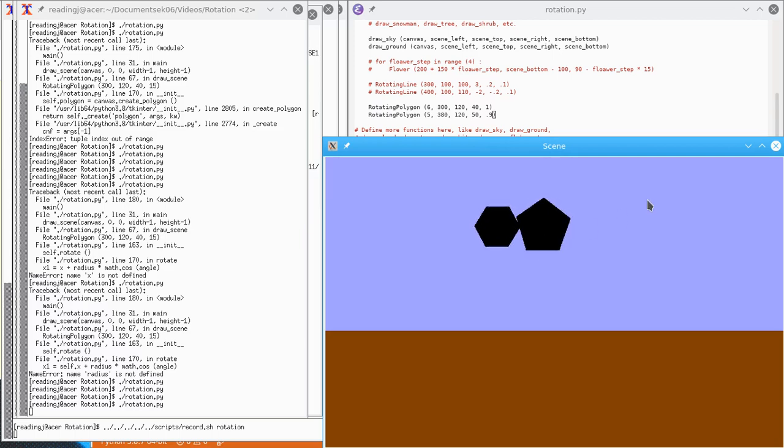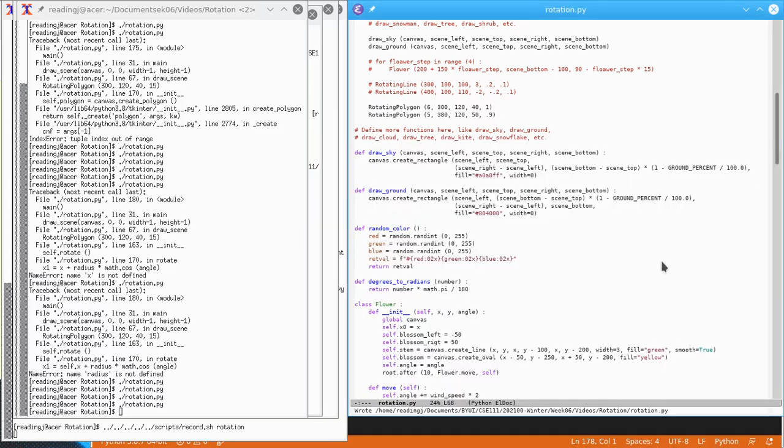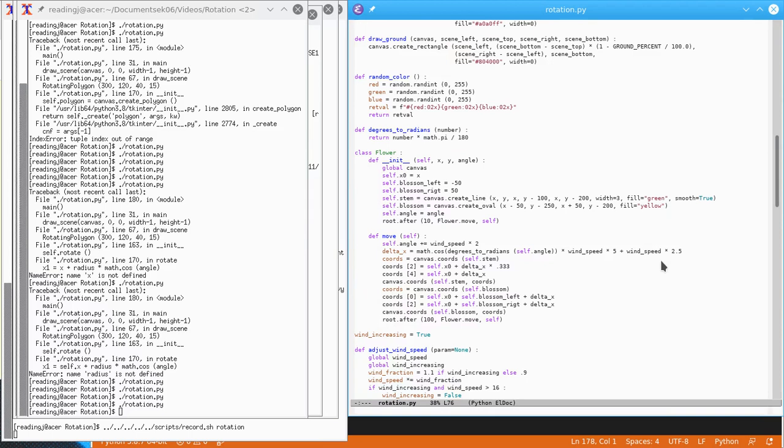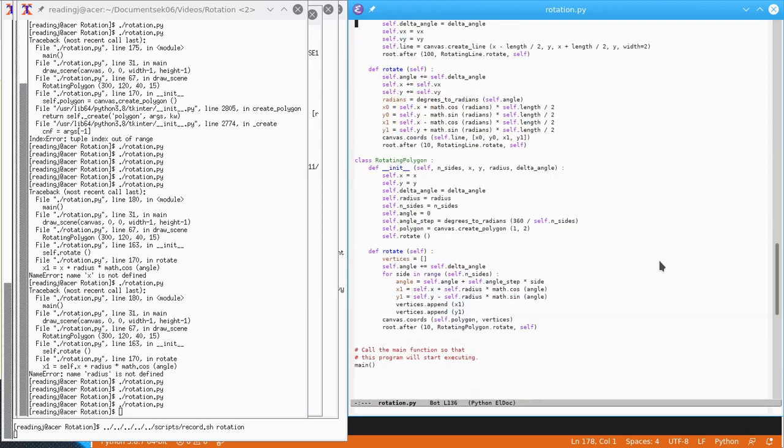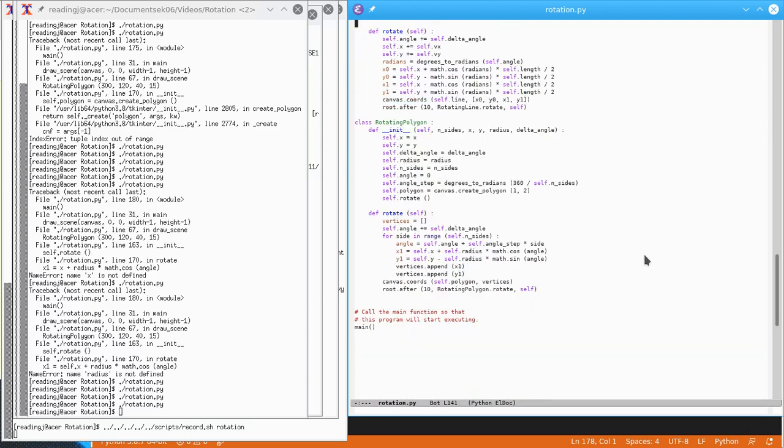And this one's going the right speed. Where did I add? So I need to make angle here. I need to leave one of them.